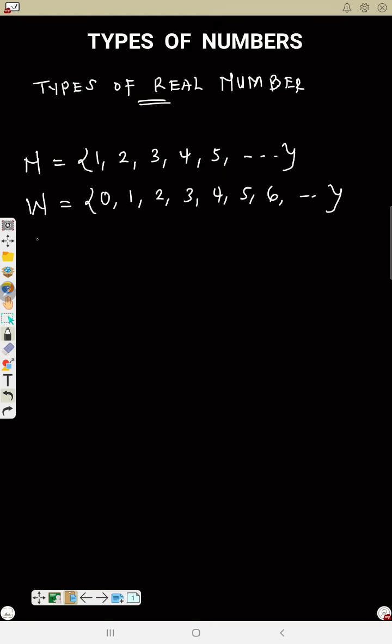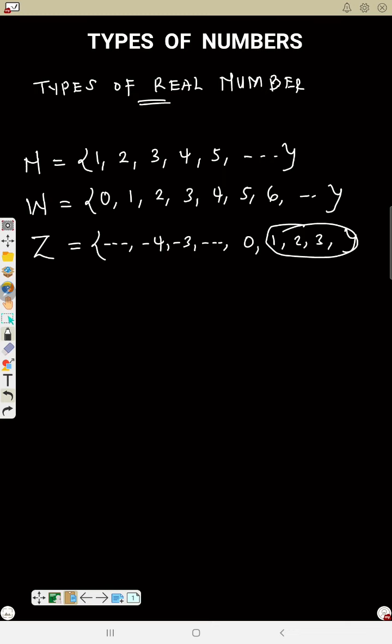And we also said integers, Z, are negative natural numbers, 0, and positive natural numbers. Now clearly the set of positive integers, that is 1, 2, 3 and so on, and the set of natural numbers.